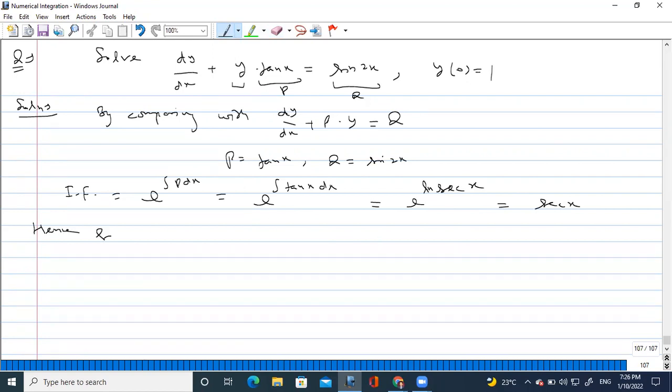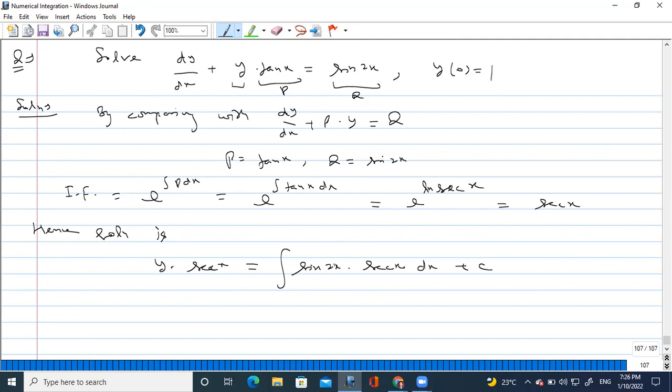Hence, solution will be y into integrating factor, y into sec x equal to integral of q, sine 2x, into sec x dx, and plus c. Now you can solve it easily.